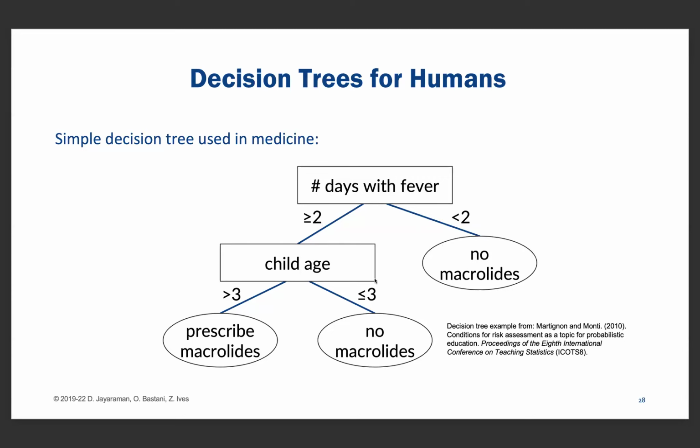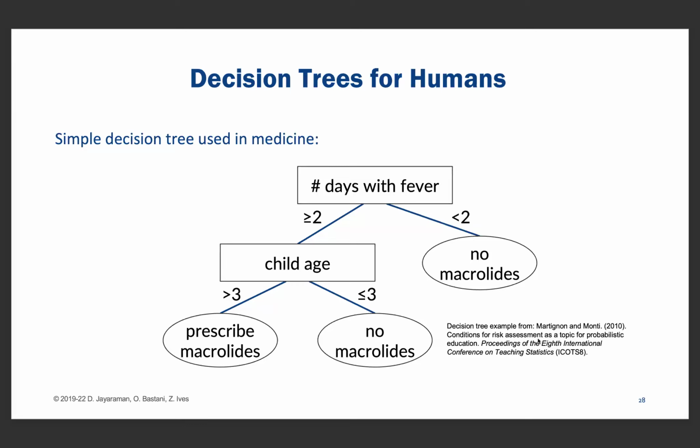If the days with a fever are more than 2, and the child is about 3 years old, yes, you can use that medication, which is some sort of antibiotic. And if below 3, you don't use it. This is a well-defined structure: for every child coming with a fever, the doctor can decide what to do based on this diagram.